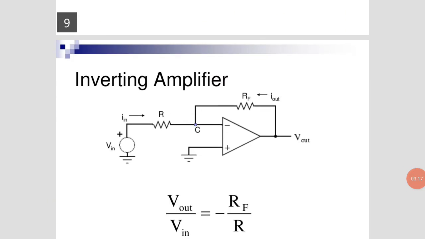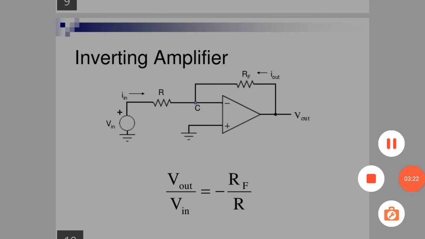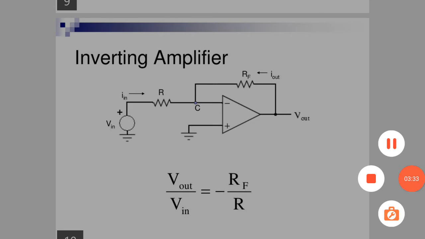Firstly, we see the inverting amplifier diagram. The operational amplifier has two terminals, inverting as well as non-inverting: inverting minus, non-inverting plus.